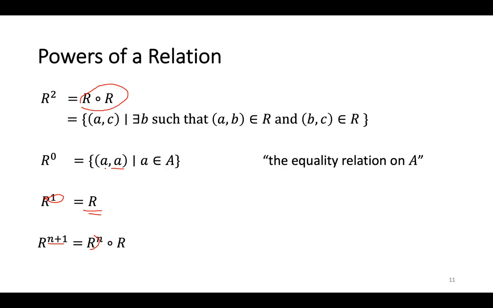And if you have one, it's just the same as the original relation R. If you have multiple R, that means you can combine R and again. So here, maybe this is R square circle R, that is again R cubic.